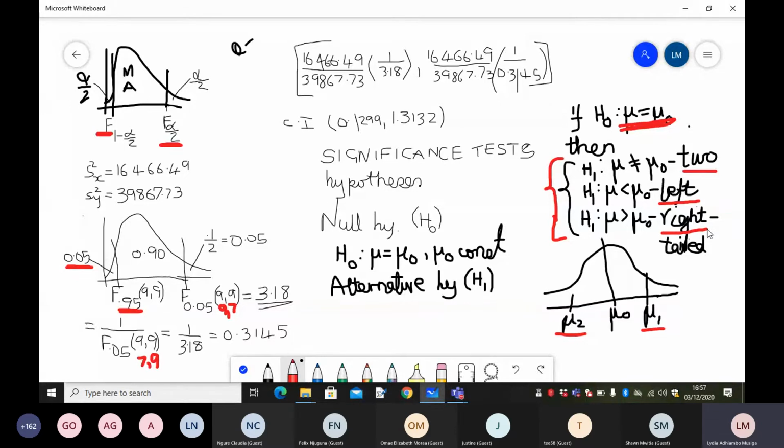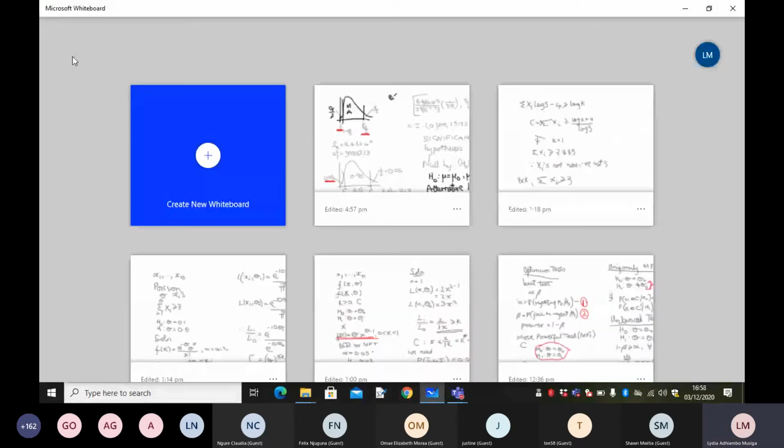Now, let's just look at a simple example so that we try to understand this concept just a little bit more.